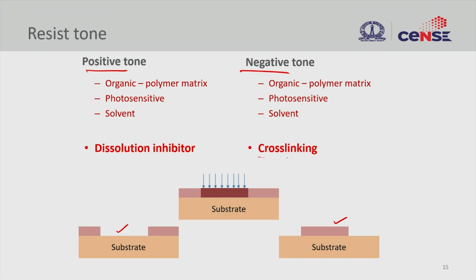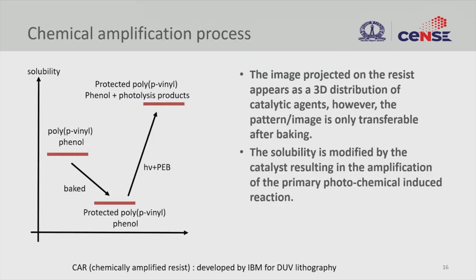So here cross-linking happens, so the backbone chain is strengthened so that they are not soluble. Here a dissolution inhibitor is created, so your solubility is increased, so you remove the material. So using either inhibition or cross-linking is going to make the material either positive or negative, right?